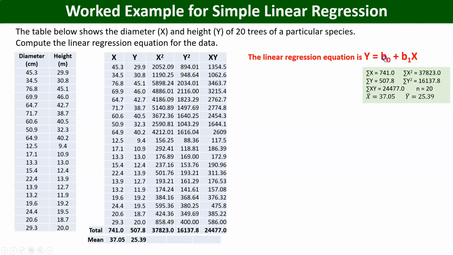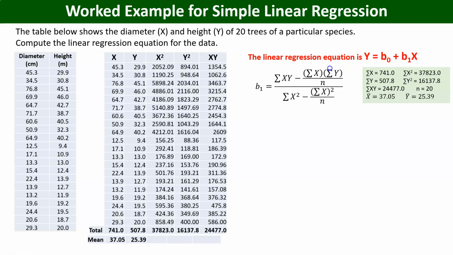Formulas for computing B0, formula for computing B1. Now, in regression analysis, the first thing we will need to compute is our B1. We will need the value of B1 to estimate B0. So that's why we don't compute B0 first. We will have to compute B1 first because of the value we will need later for B0. So let's see how that goes.